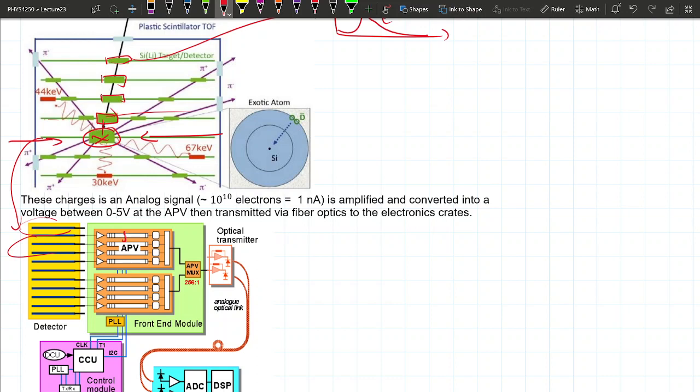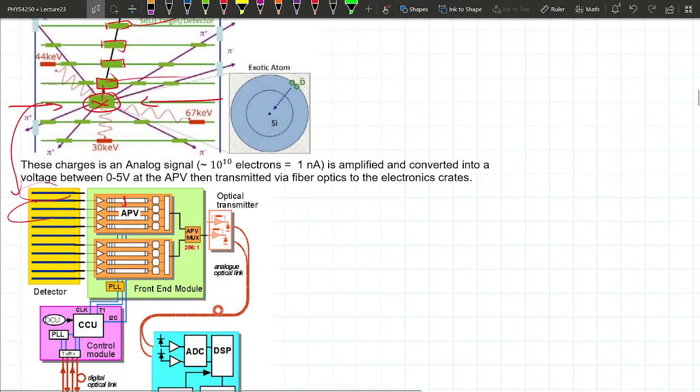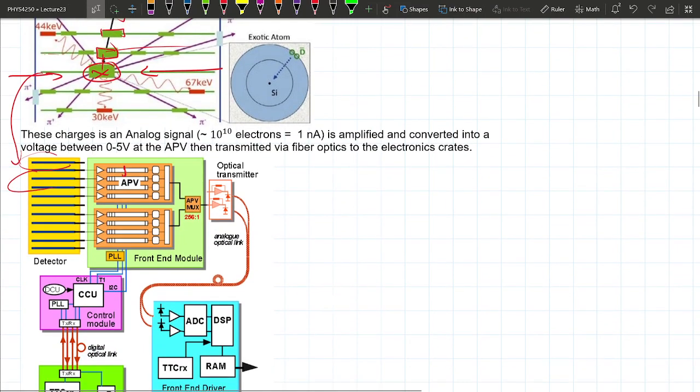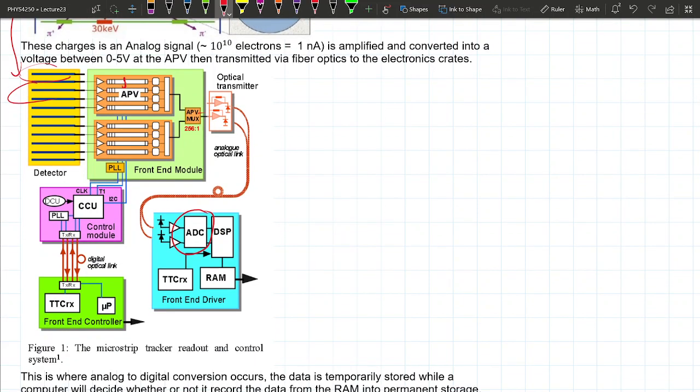But what happens is that it basically converts that information into a light signal, which gets sent about 100 meters away, where that light signal gets converted from analog to digital information. So you actually have this ADC far away, maybe from here to the other end of the building.